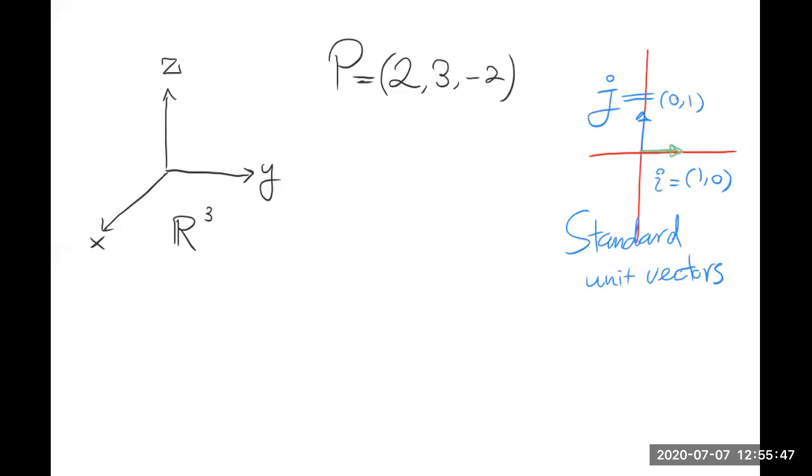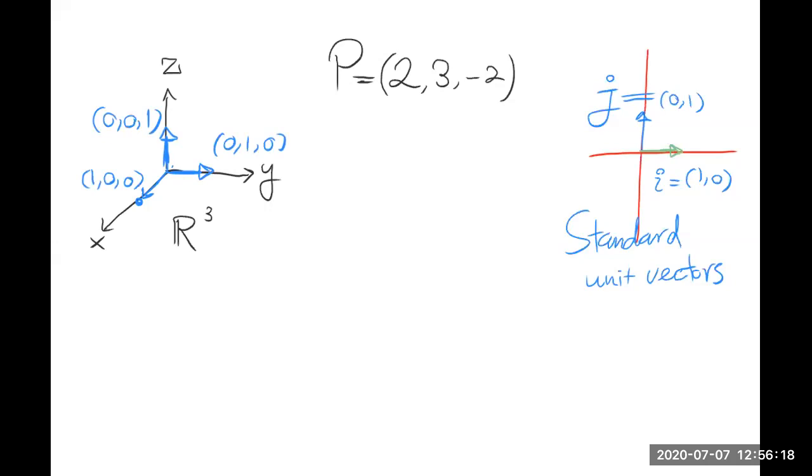We have this vector, which is 1, 0, 0. We have this vector, which is 0, 1, 0. And we have this vector, which is 0, 0, 1. So the coordinates of the vector on the x-axis are 1, 0, 0, on the y-axis 0, 1, 0, and on the z-axis 0, 0, 1.